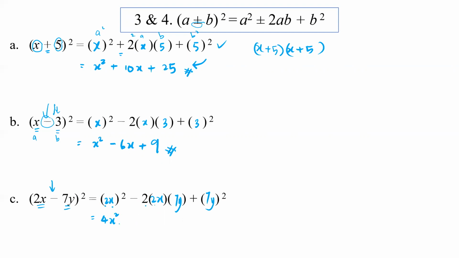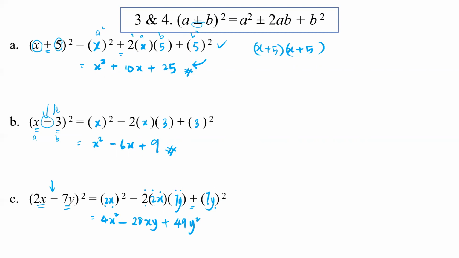Settle the sign, negative. Settle the number, 2 times 2 is 4, 4 times 7 is 28. After we have settled the number, settle the variable, x times y, xy. Plus, with 2 items in the square, both must be squared. So 7 squared is, this is positive, copy, 49y squared. So that's it.